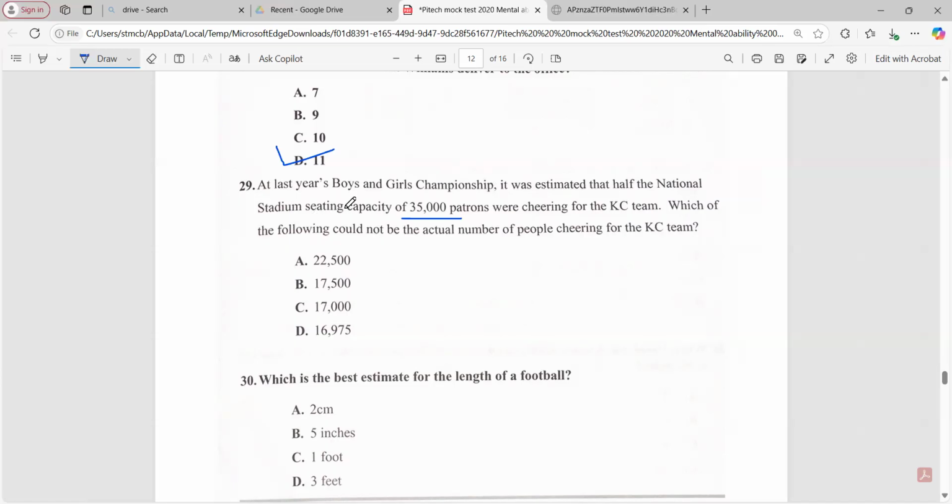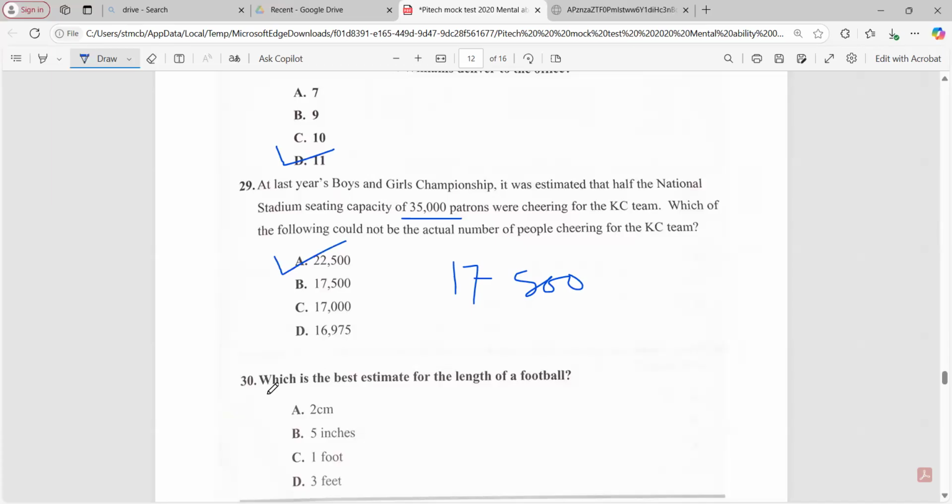Which of the following could not be the actual number of people cheering for the KC team? All right, so half of 35 would have been 17.5, right? That means 22,000 would have been the answer.